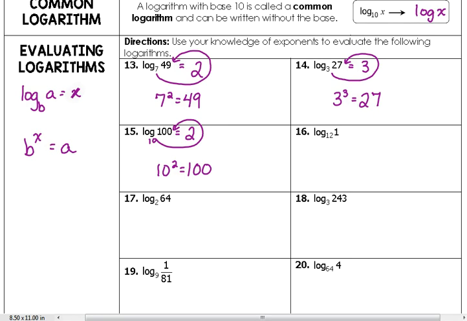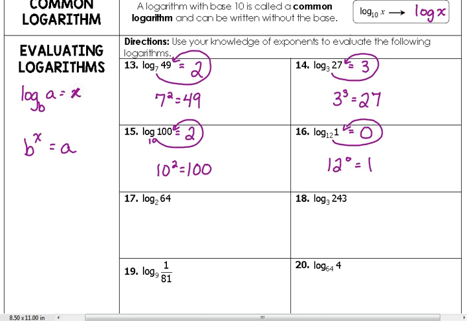All right, now, we're going to have to think a little bit on number 16. 12 to what power is equal to 1? Very good. 0. 12 to the 0 is 1. Y'all got to know that rule right there. Anything to the 0 power is 1.